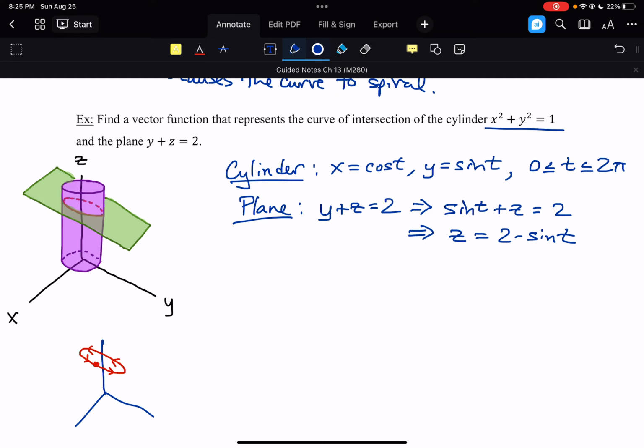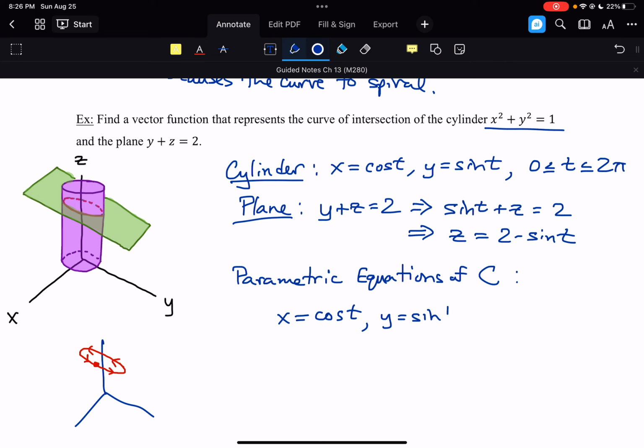And really, that gives us everything we need. So the parametric equations of C are x equals cosine of t, y equals sine of t, and z equals 2 minus sine of t.